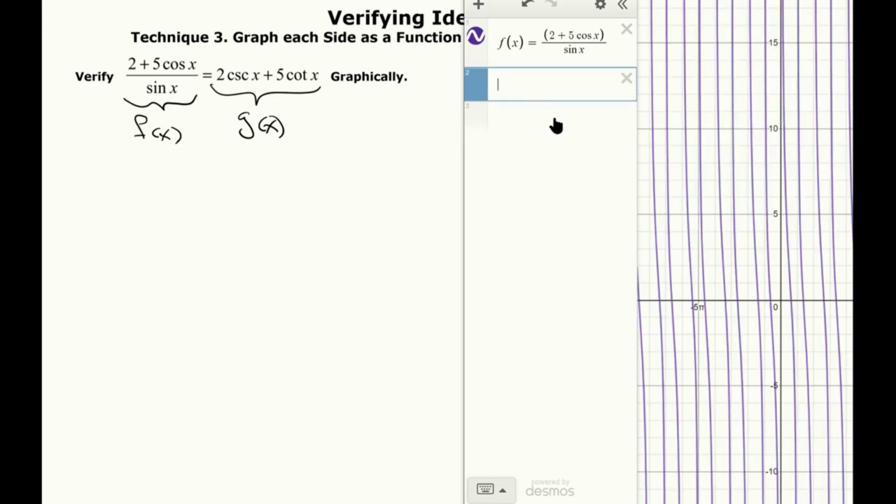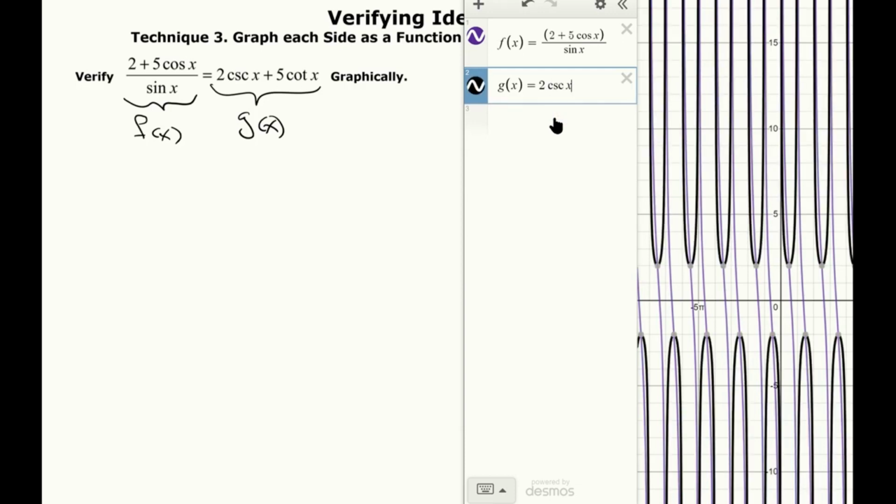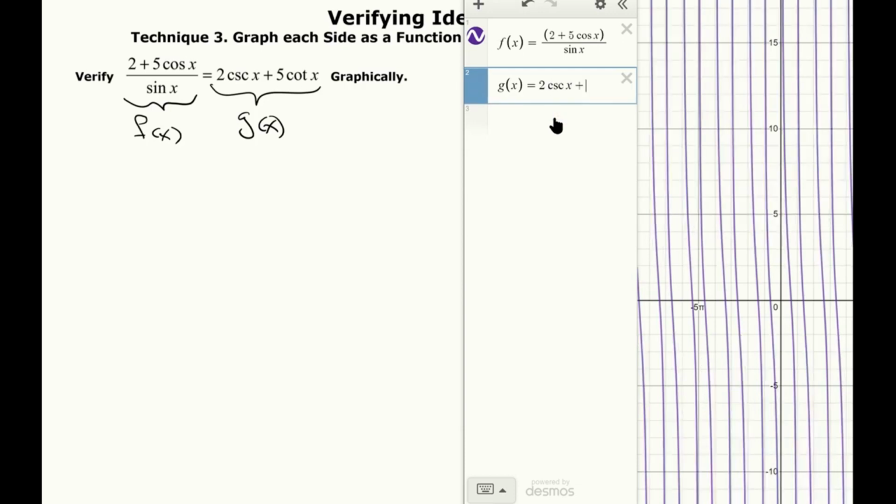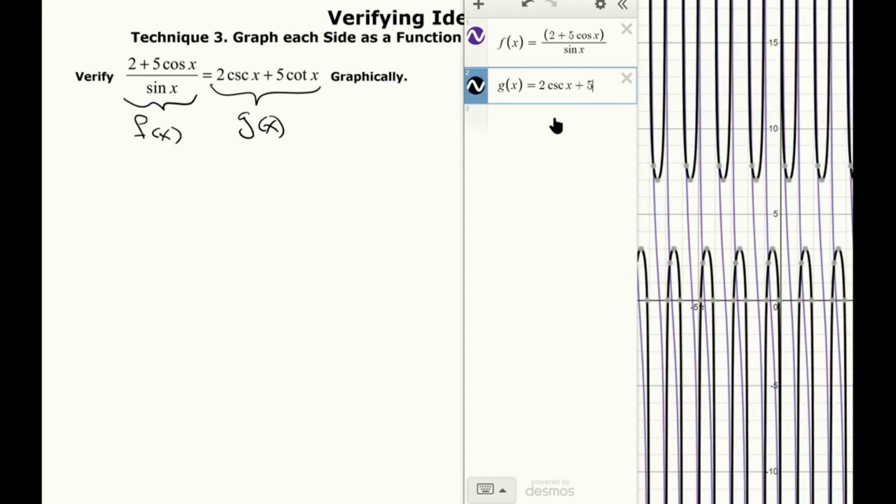So let's put in the next expression, g of x equals 2 cosecant x plus 5.